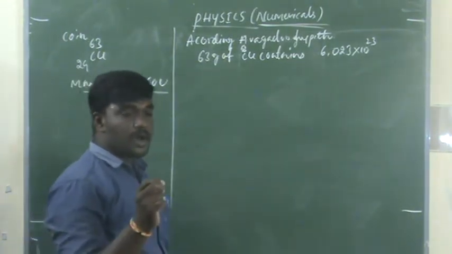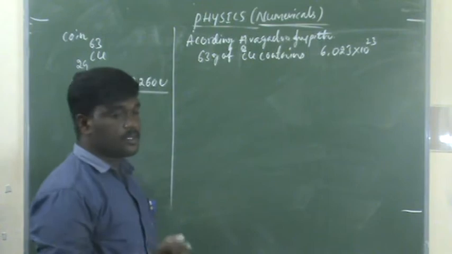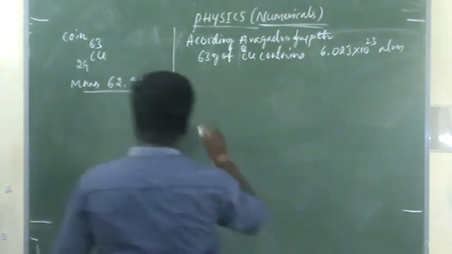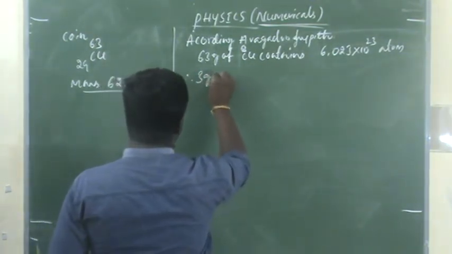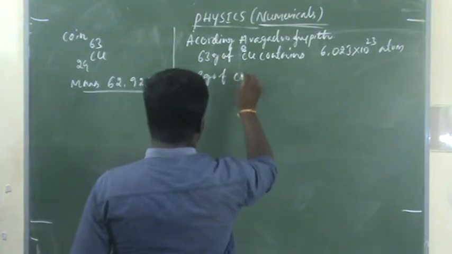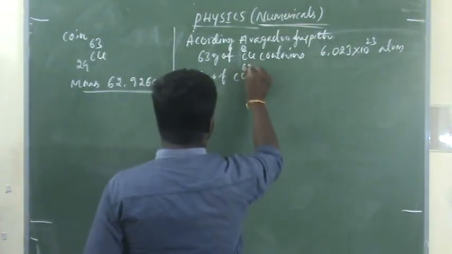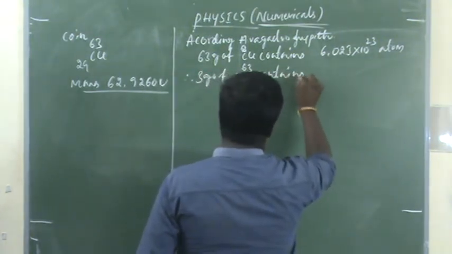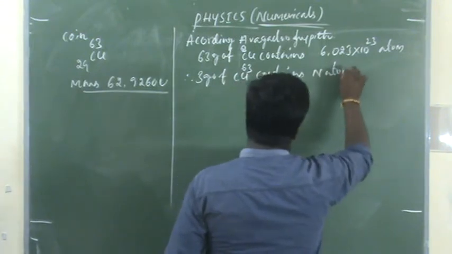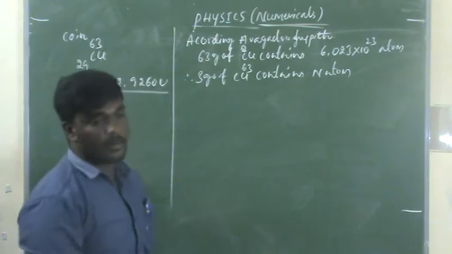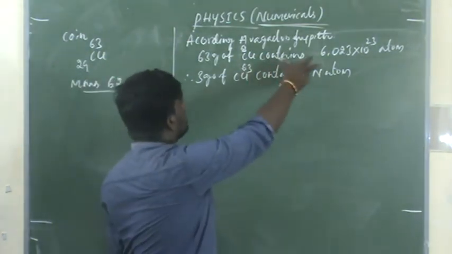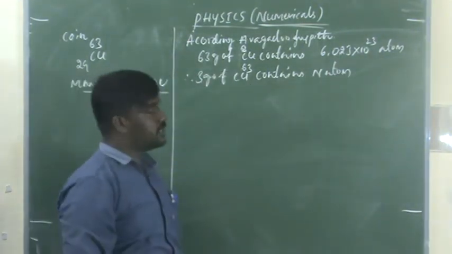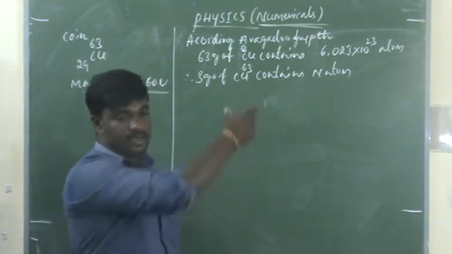And the mass of the coin here is 3 grams. Therefore 3 grams of copper 63 contains n atoms. We don't know how many atoms are present in 3 grams of copper. So here, 63 grams uses the Avogadro number, 6.023 into 10 to the power of 23, a constant value.